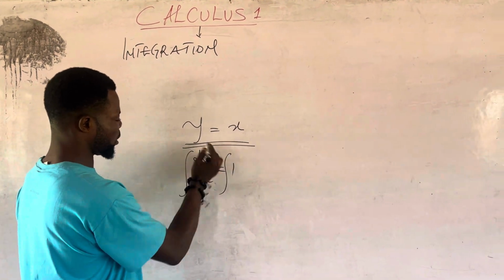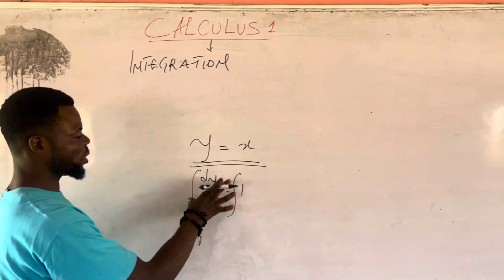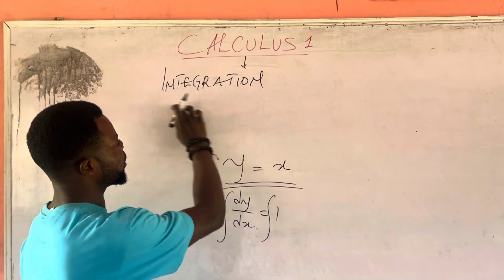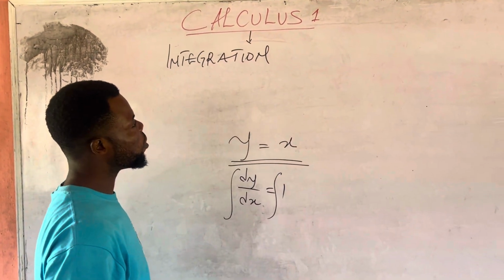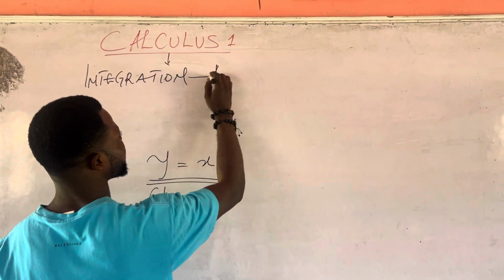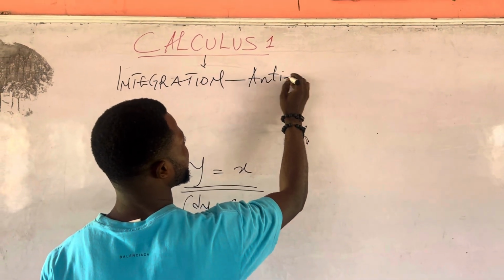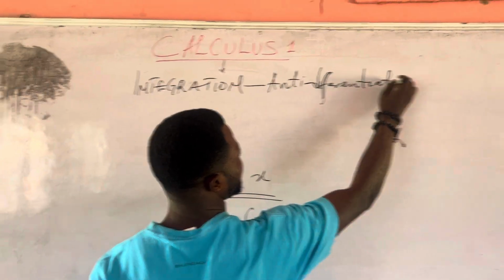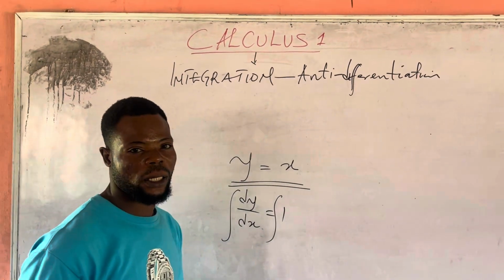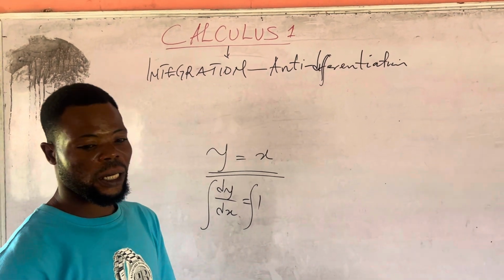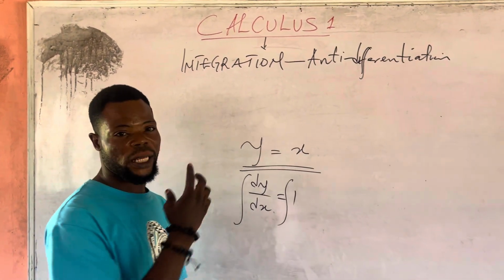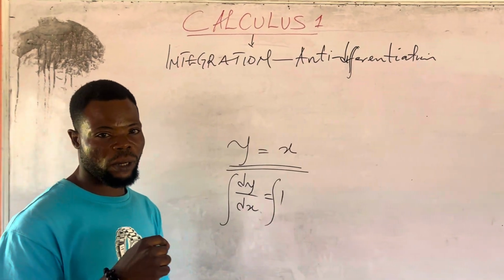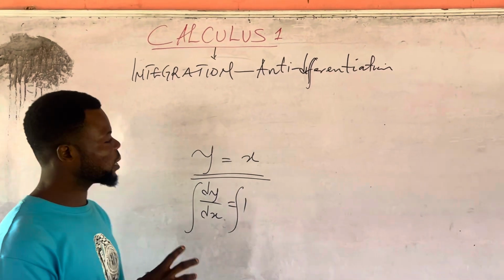Therefore, this process of integrating this differentiation is referred to as integration. We also call integration anti-differentiation. If you remember, if you take a logarithm of any number, to reverse that we take the anti-log of that number.